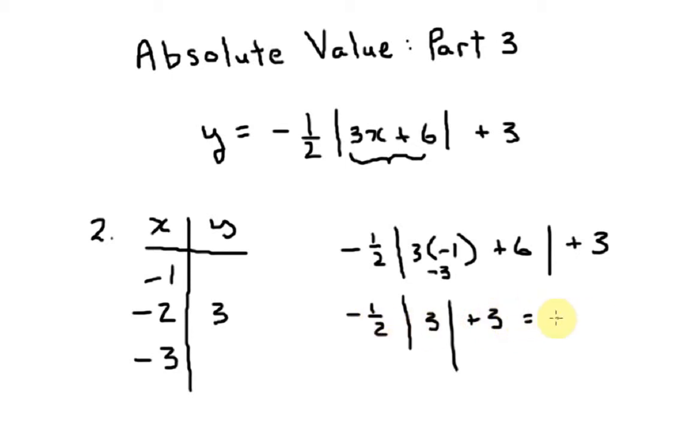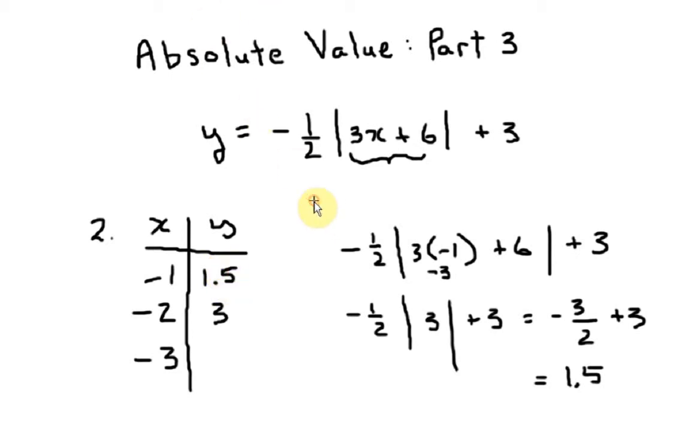And so we're going to get negative 3/2 plus 3. So I would go ahead and do that on my calculator, and just put it into decimal form is probably the easiest. And so that's going to give you 1.5. Okay, so when we plugged in the negative 1, we got a y value of 1.5.